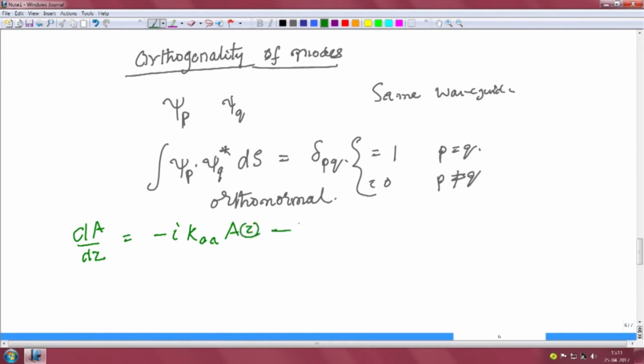The final form is correct. Into B of z multiplied by e power minus I delta beta into z. Let me use plus for this.